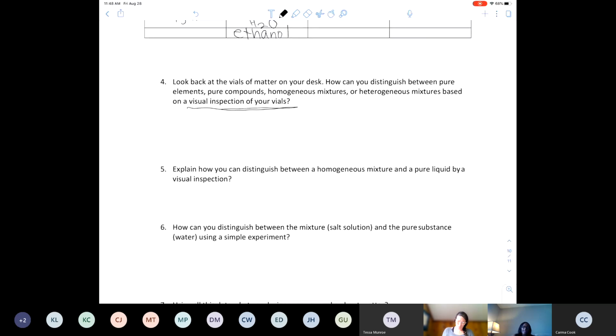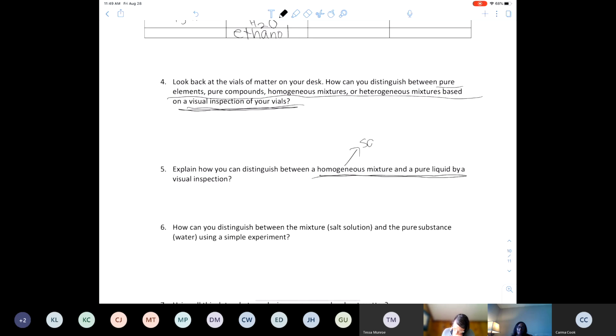So just by looking at the vials, talk about how you can distinguish what category they belong in just by looking at them. And then again, just by looking at them, how can you tell a homogeneous mixture from a pure liquid?